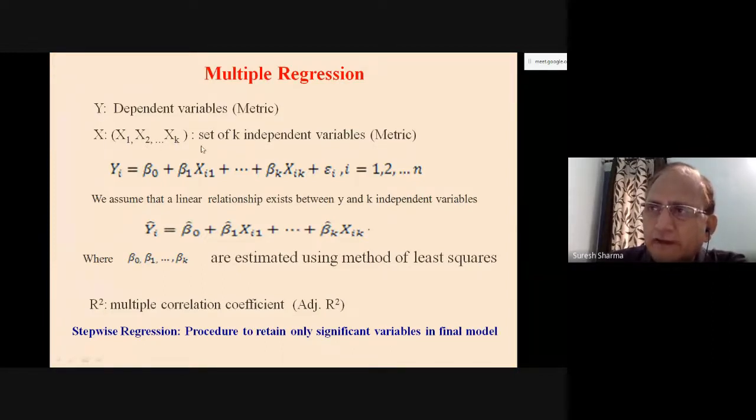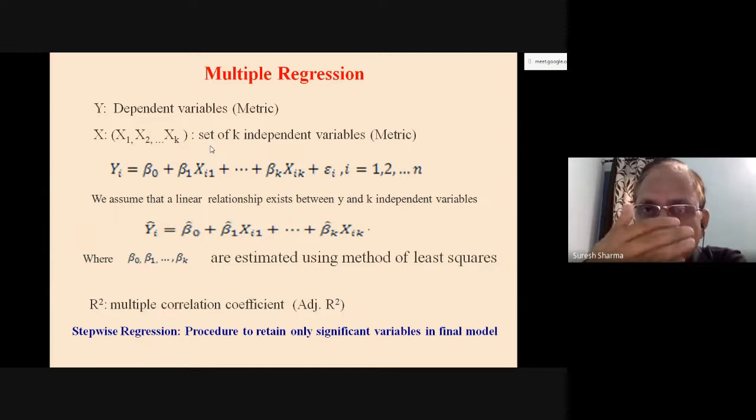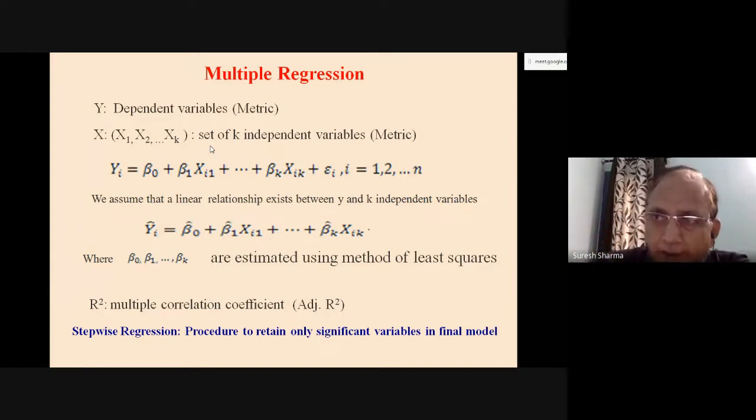You are considering 10 variables. It may be possible that only 5 of the 10 variables are important to predict y, and 5 are not important to predict y. It can happen, right? And moreover, the second point is that out of these 5, which one comes at number 1? That this is the most important variable to predict y.